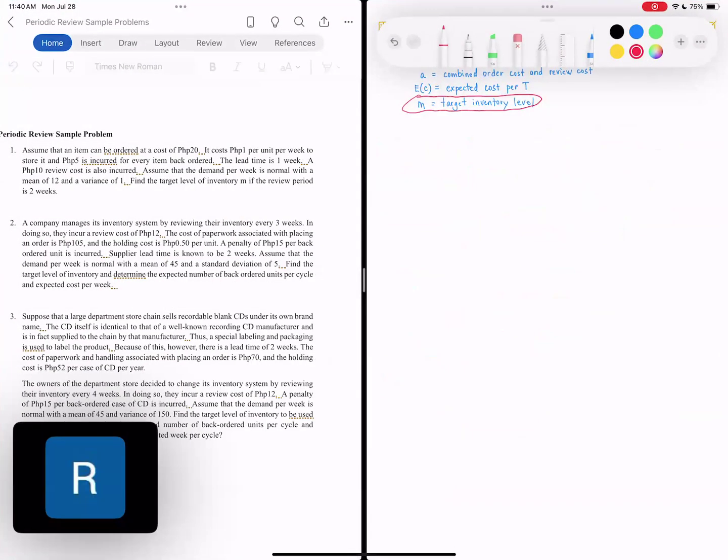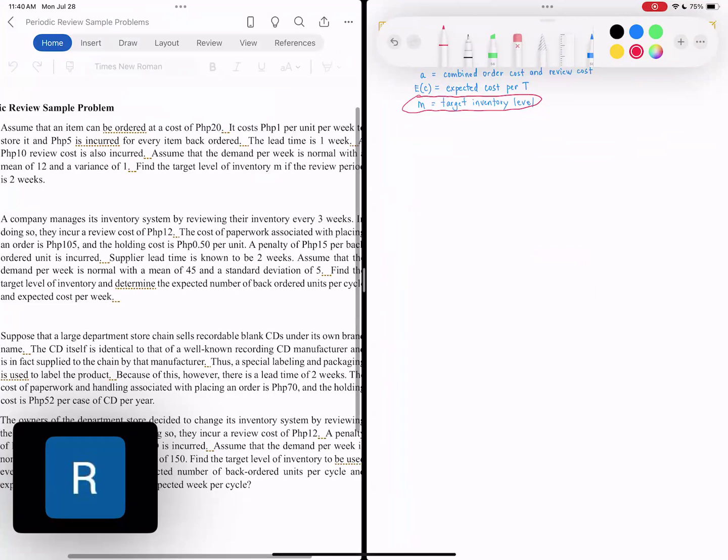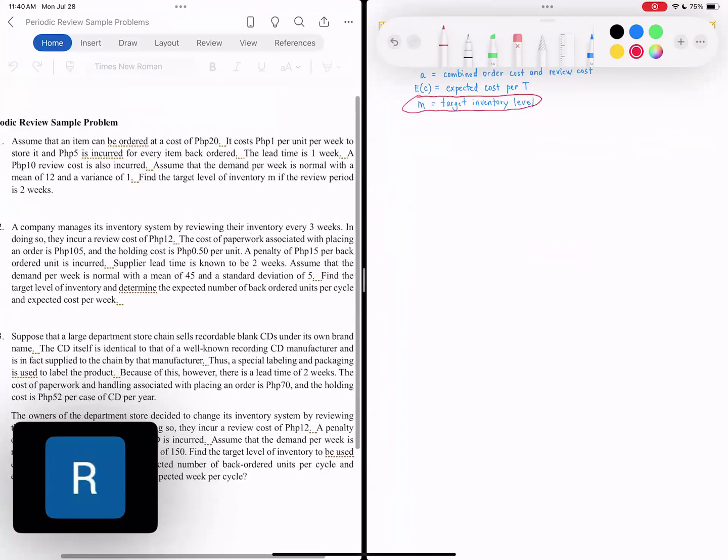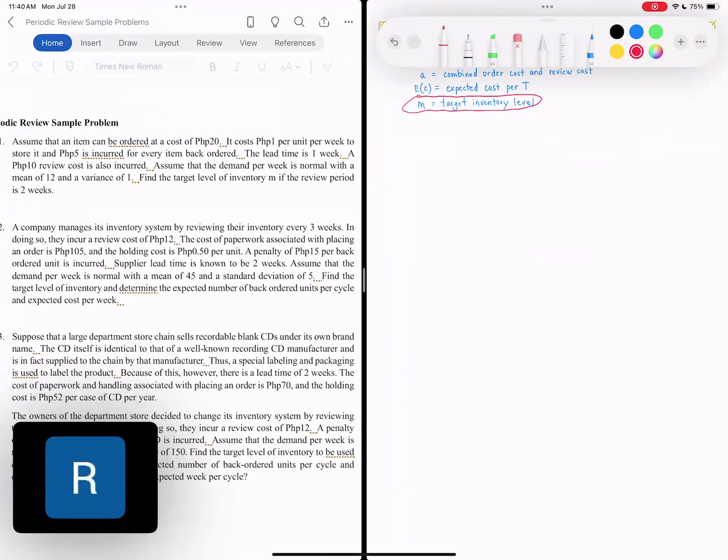So problem number 1, I hope you can see it, is your problem in the PowerPoint. And this is what I want to clarify and resolve. Okay, so let's do number 1.